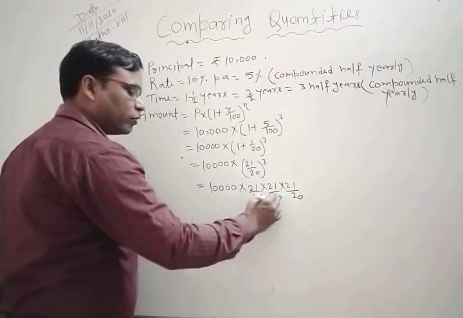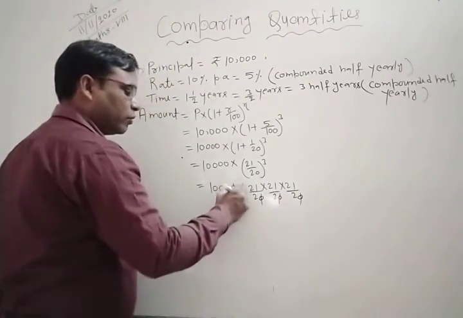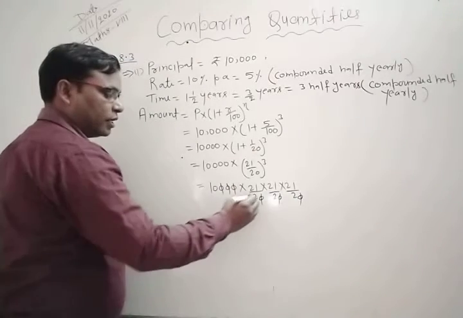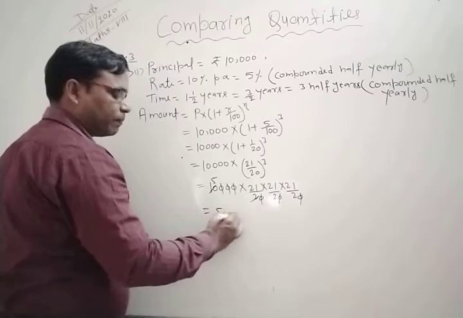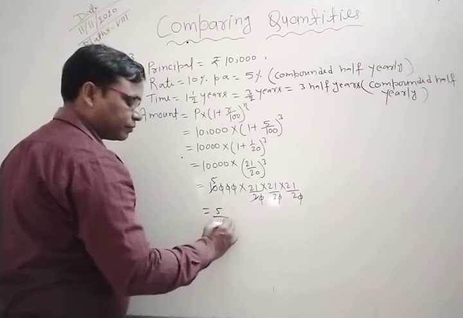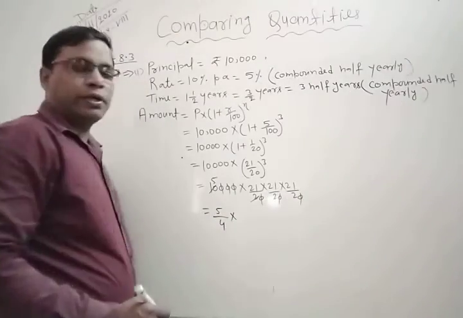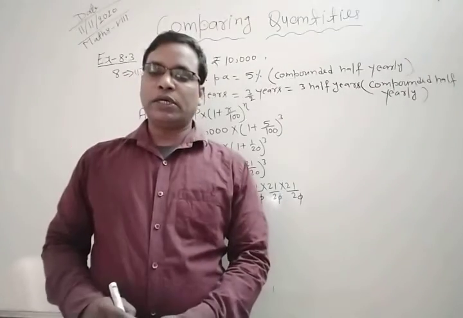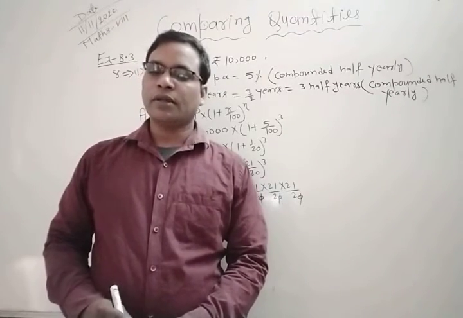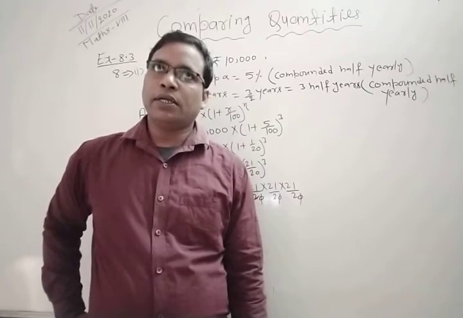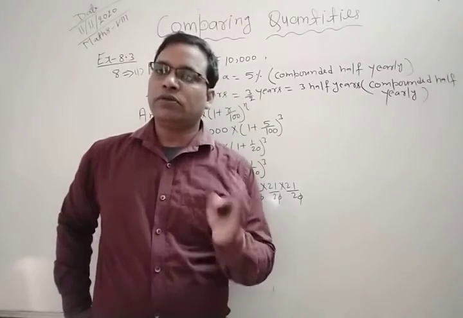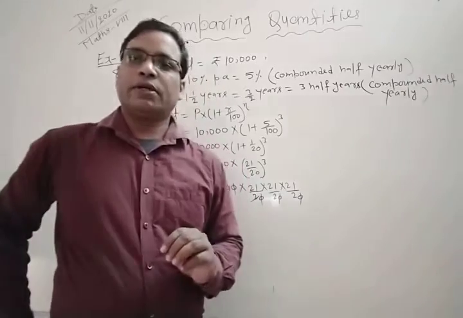So 1, 2, 3 zeros cancel, and this is also cancelled by 5. So we have 5 by 2 to the 4 into 21 into 21. 21 into 21 is equal to 441.